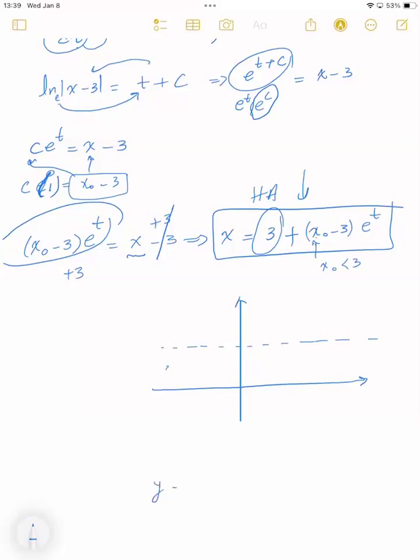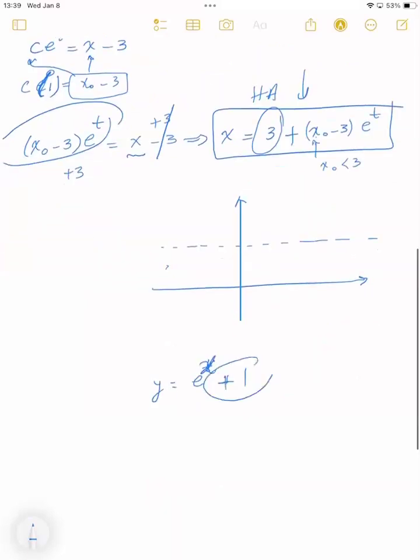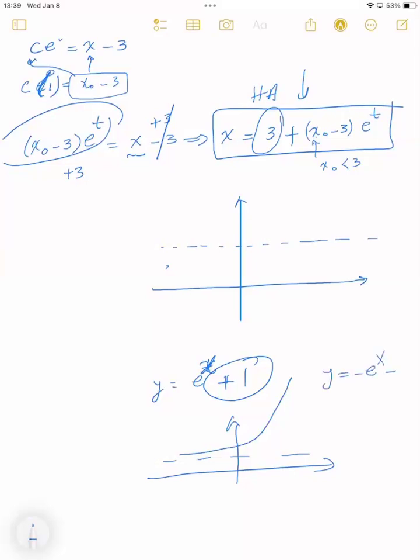So I don't know if you remember, if you have y is equal to e to the x plus 1, then your horizontal asymptote is at 1. And then your graph is going to look like that. If you have y is equal to minus e to the x plus 1, then your graph is going to look like that.